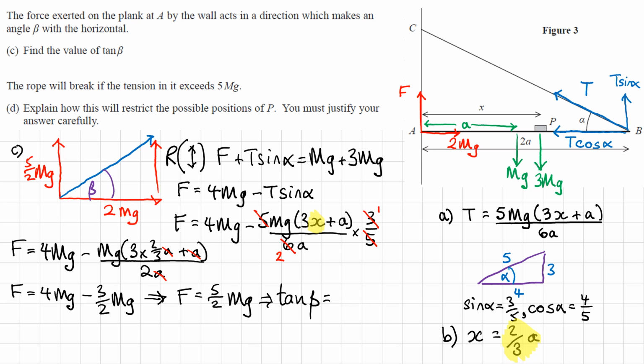So that will be 5 over 2 mg over 2 mg. The mg's cancel out, lots of cancelling out in this question. And now that just leaves 5 over 2 divided by 2, which is 5 over 4. So tan beta is equal to 5 over 4.